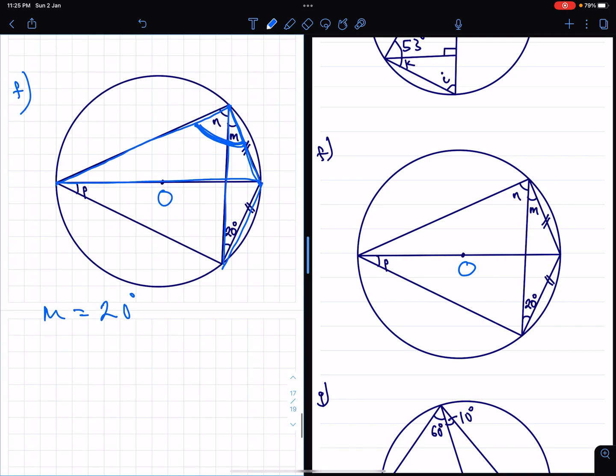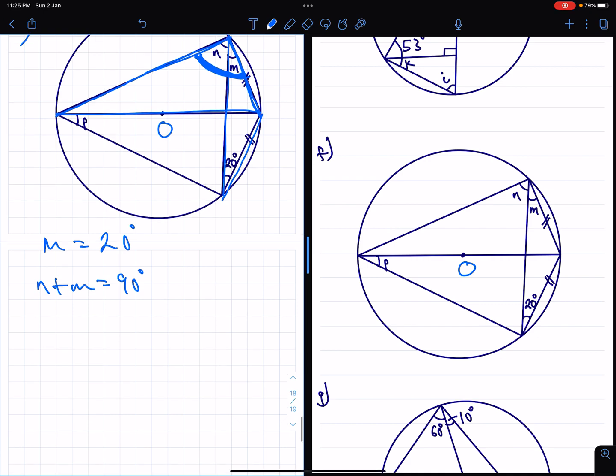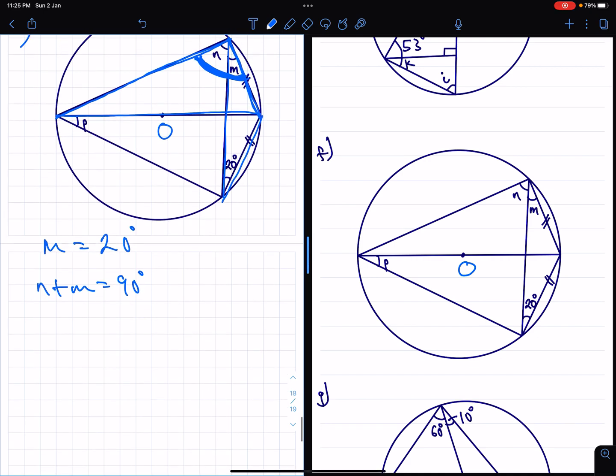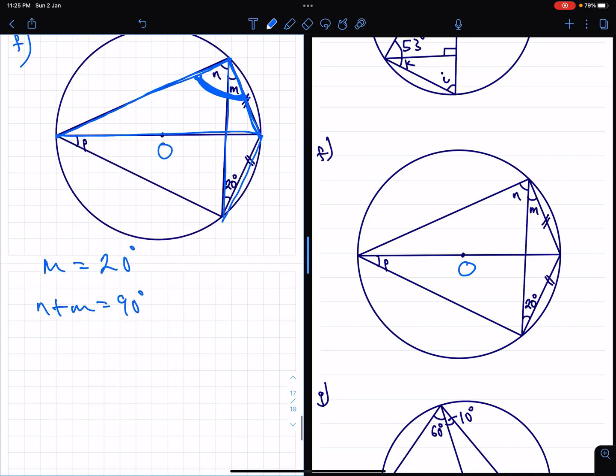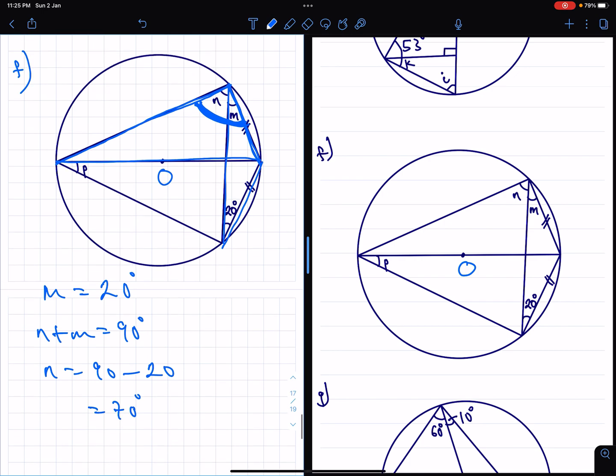The whole of this angle is 90 degrees, and that's N plus M, because it is in a semicircle. Now N plus M equals 90 degrees, and the reason for that is angle in a semicircle. So that simply means N equals 90 minus M, which means 90 minus 20, and that's 70 degrees.